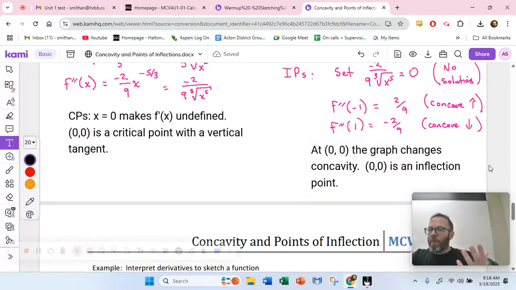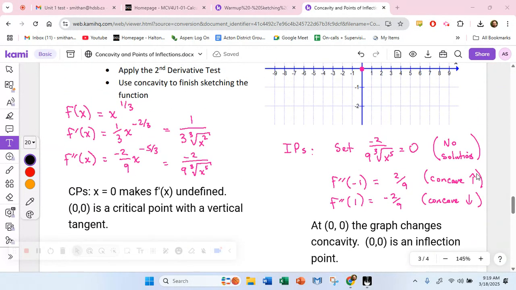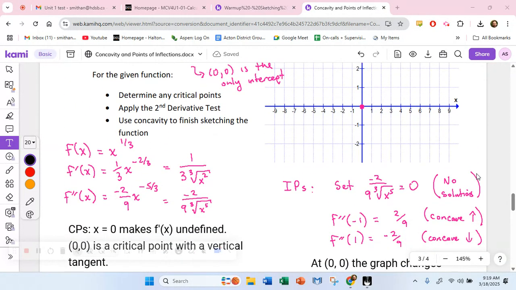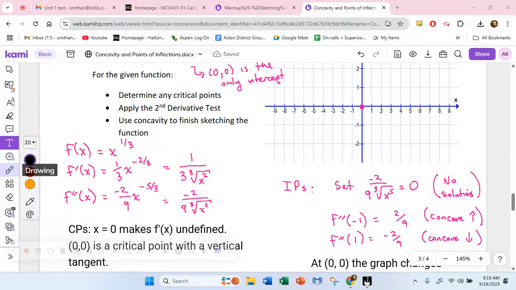So what does that mean for the graph? What does the graph look like? Well, let's actually just plug in some values that we know. Make the sketch just by plotting those points, and we'll see that everything kind of fits together. So I might just delete my face for the rest of this video. The cube root of 0 is 0. We've got that point.